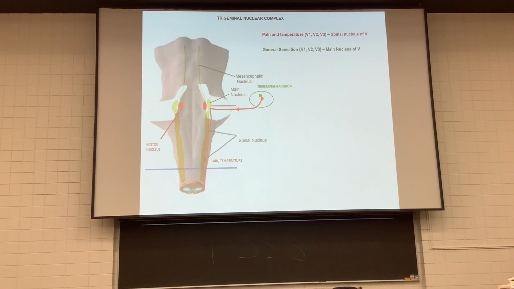The green cells are carrying general sensation from V1, V2, V3. They enter at the same point, but they synapse on neurons in the main sensory nucleus. And then in the mesencephalic nucleus, cell bodies are actually in MES5, and they're sending their processes out to our proprioceptors.